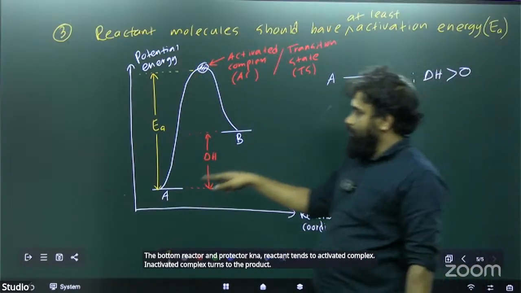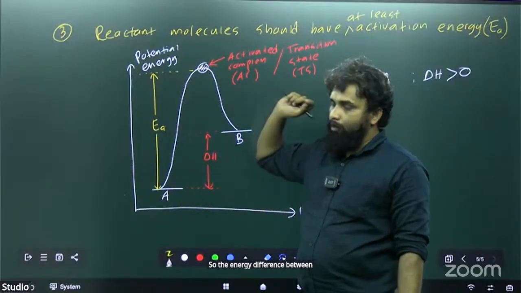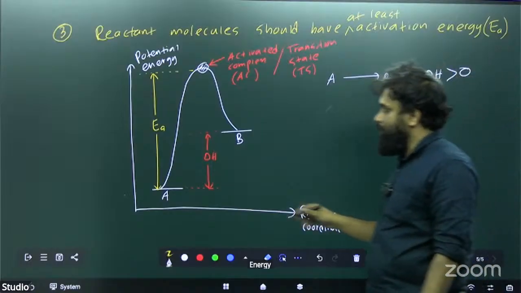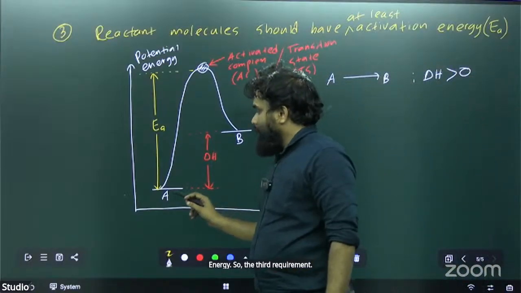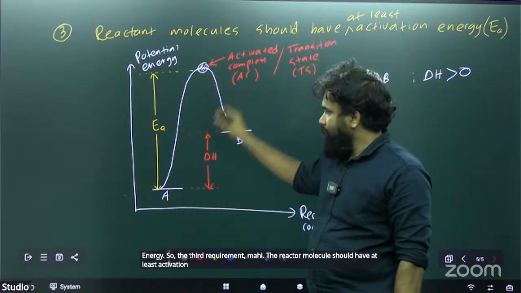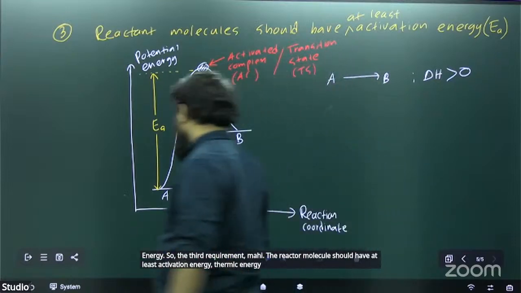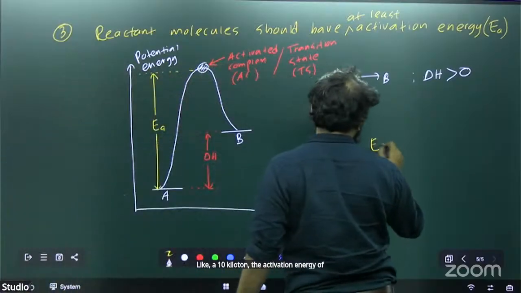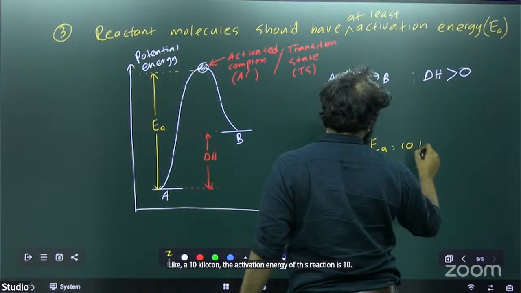So the energy difference between the reactant and the activated complex is known as activation energy. So the third requirement is that the reactant molecule should have at least the activation energy. This is an energy value; let's just think, like 10. The activation energy of this reaction is 10 kilojoules per mole.